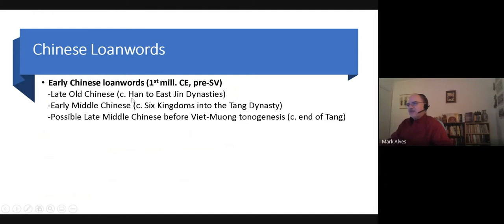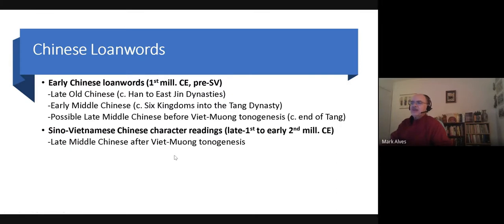So something like from the Han Dynasty to the East Jin, or from the Six Kingdoms into the Tang Dynasty, and then maybe late Middle Chinese, towards the end of the Tang. Basically, from the Han to the end of the Tang Dynasty, those are early Chinese loanwords.